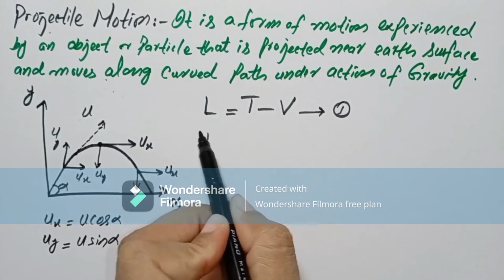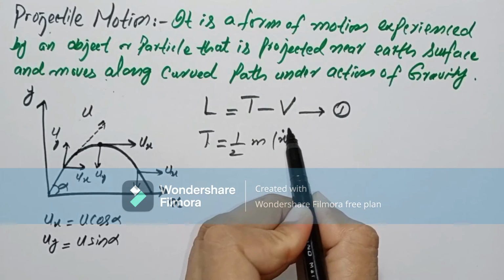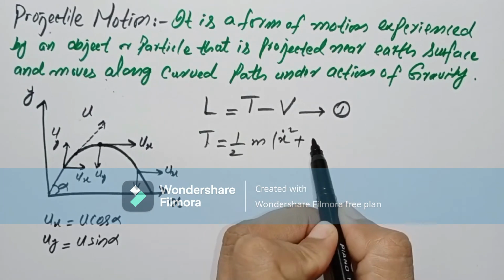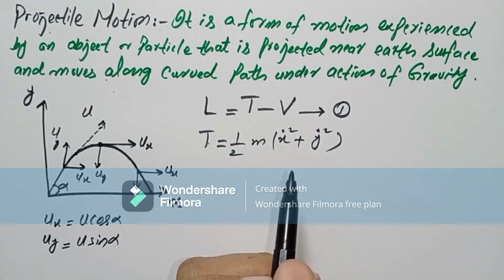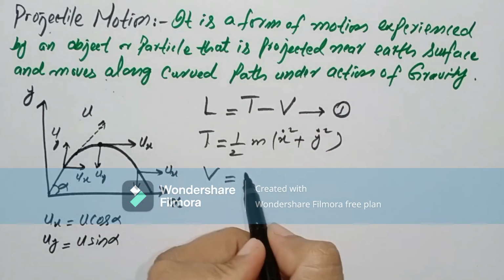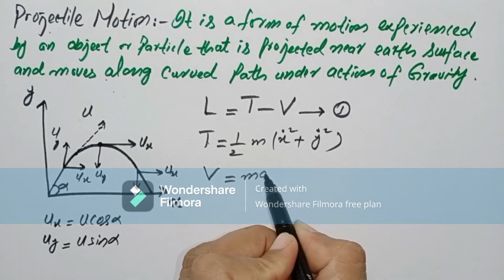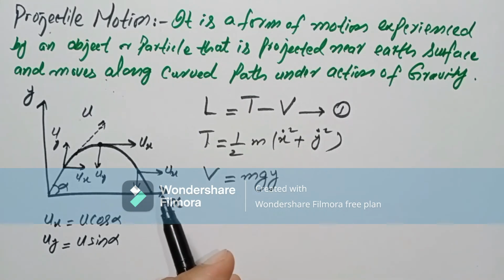So we can write the total kinetic energy as half m times x dot square plus y dot square, the x component and y component of velocity. The potential energy for the system will depend on the vertical component y, on the height gained by the projectile.